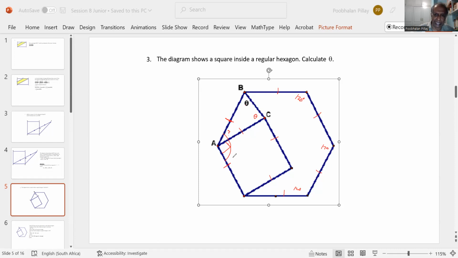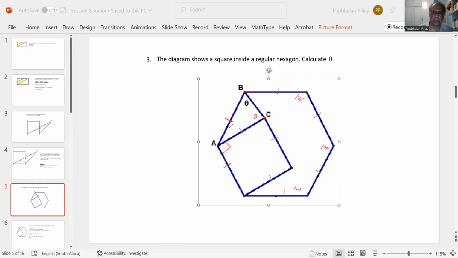So this entire angle is 120 degrees, and this part here is 90. So for this whole angle to be 120, with this being 90, the question mark is 30. So this angle here is 30 to make up 120.